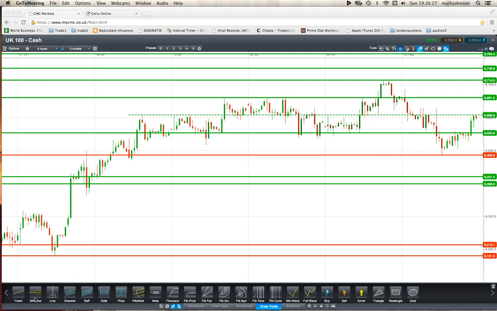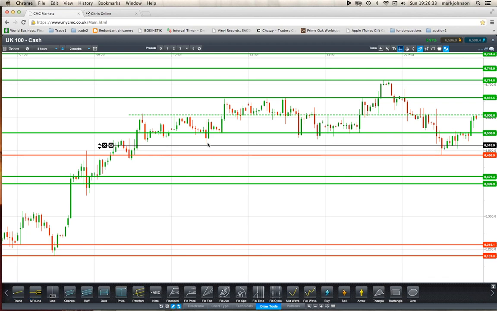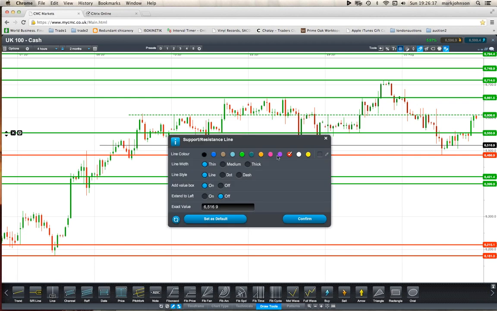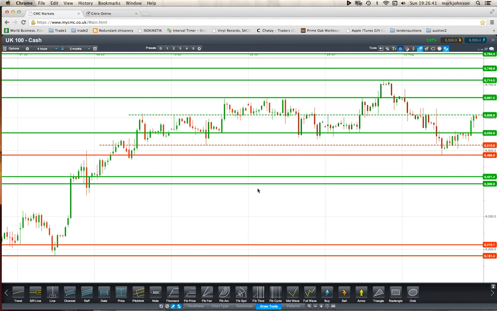So then I put in my further lines. So we've got a support here, which is red, medium, dash. And then just fill out these lines quite quickly.